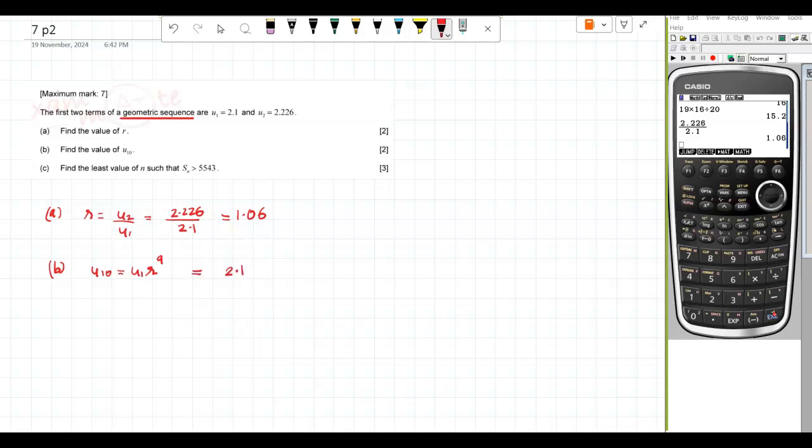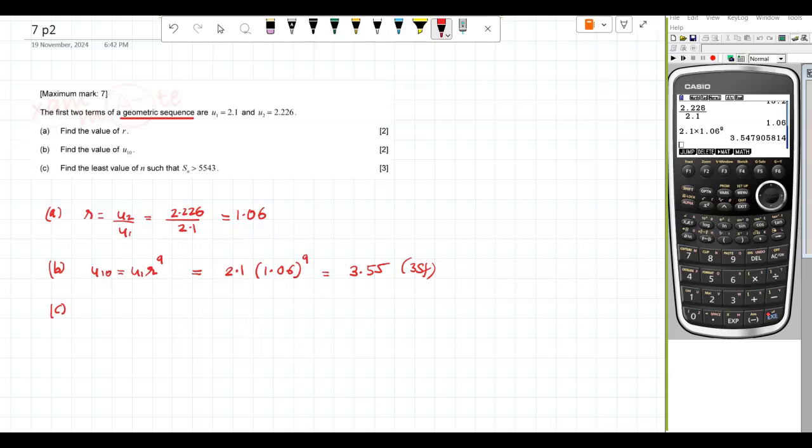There are a lot of children who apply the wrong formula. 2.1 into 1.06 raised to 9. Correct? So 3.55, 3 significant figures, that's the answer. You can write more significant figures and then you can write 3 s.f.